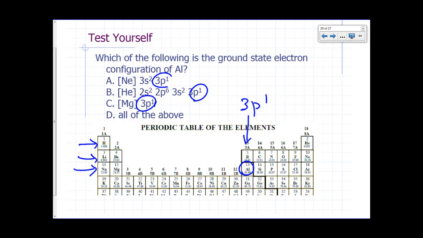What's the noble gas just before it? Neon. So you have a neon core. Once you get to the third row, the next orbital would be 3s. So 3s2, and then 3p1. So the correct one is this one: neon core, 3s2, 3p1.